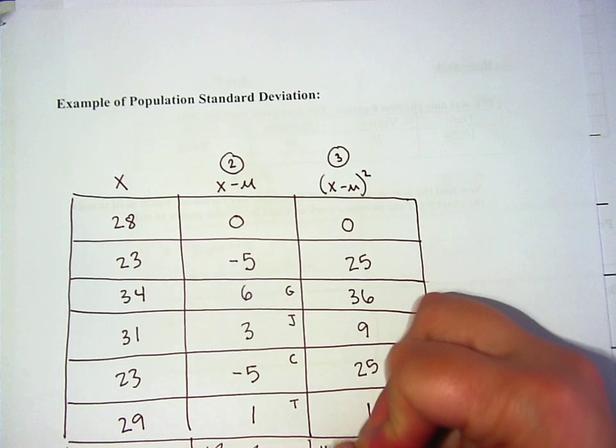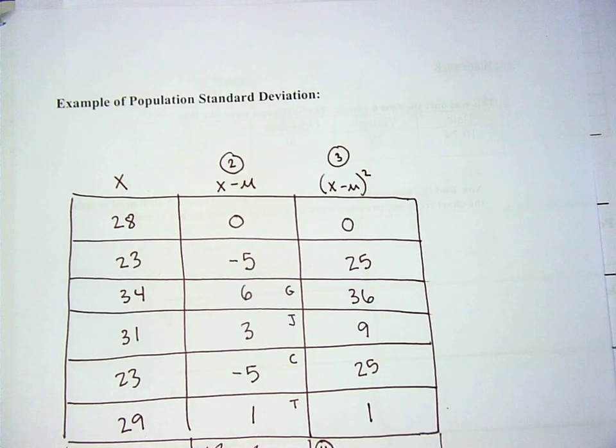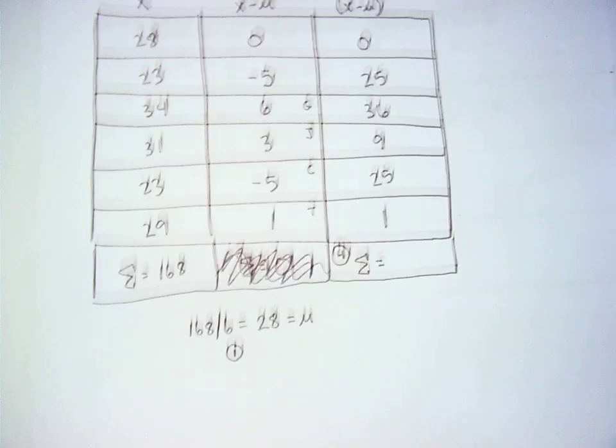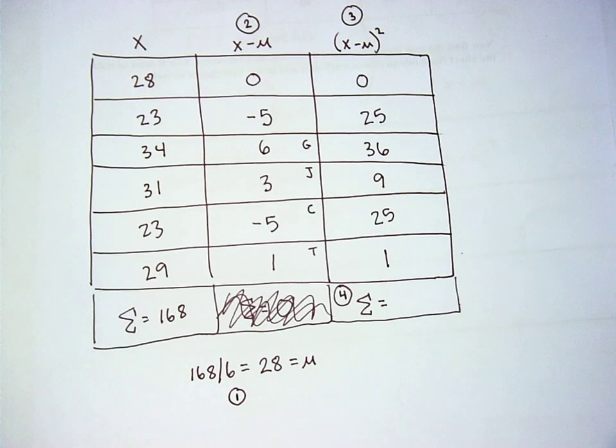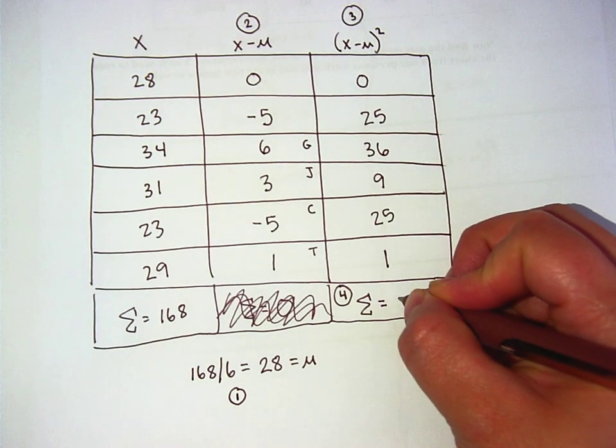This is step 4 right here. So go ahead and add them up on your calculator. Is it 96?